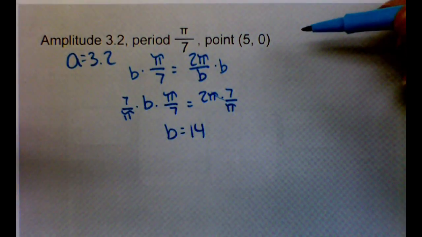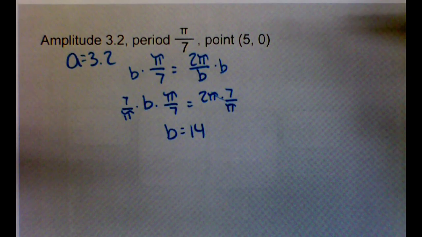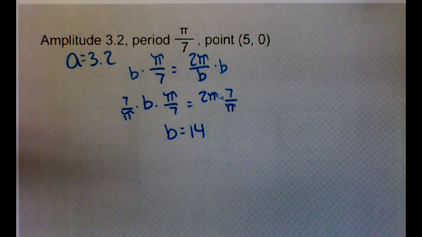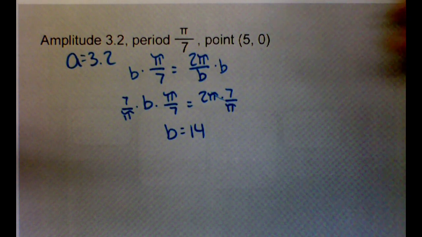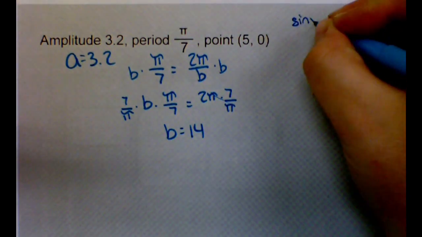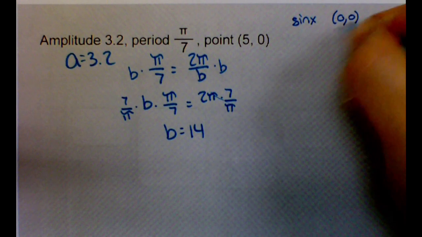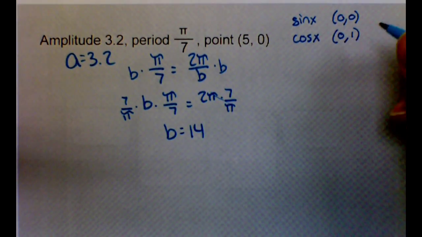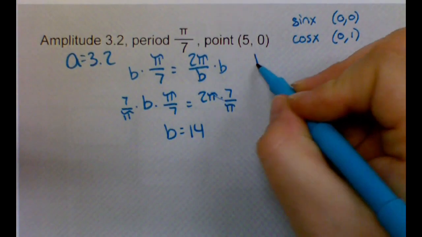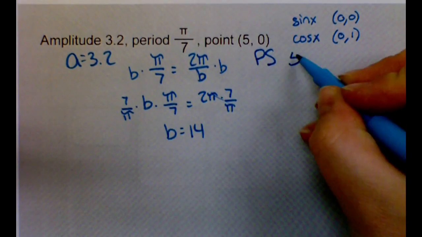5, 0. Many ways I can do this. All right. I know usually sine has 0, 0, and cosine has 0, 1. So I would go with a sine and a phase shift of 5 right.